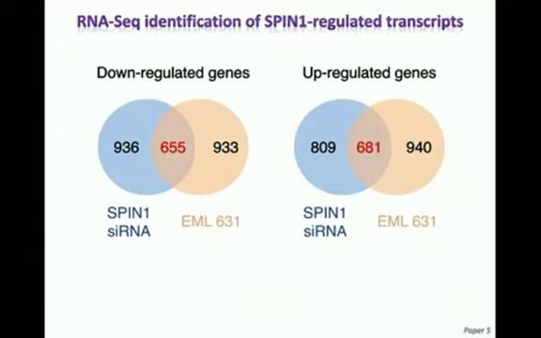So you have as well 936 genes downregulated. When you take the combination of both, you will have around 655 genes which are downregulated. Same principle here, but some genes are found to be upregulated. The intersection of these RNA-seq analyses will show these genes, okay?